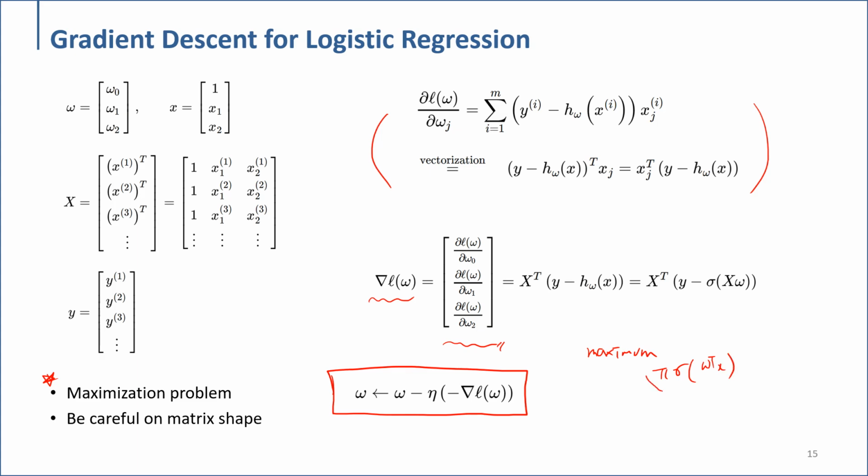By multiplying all the values, our objective is maximizing this value. So for that, we need to calculate the minus gradient to find the maximum point. Please remember this update rule for gradient descent for logistic regression.